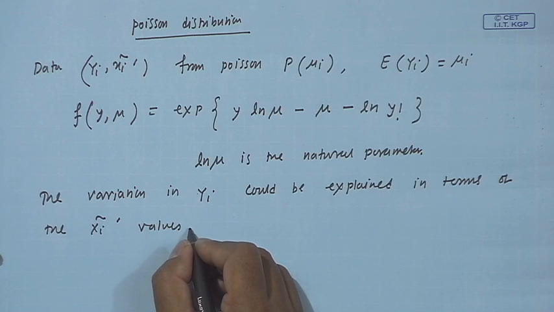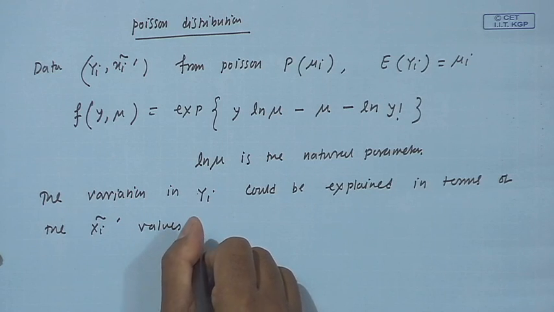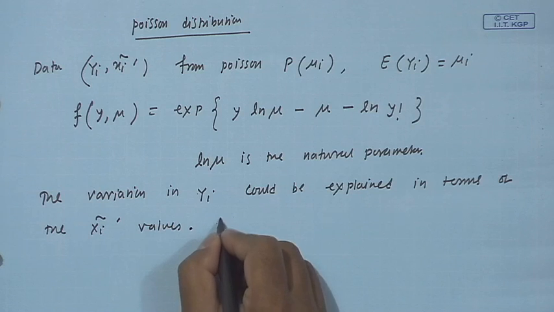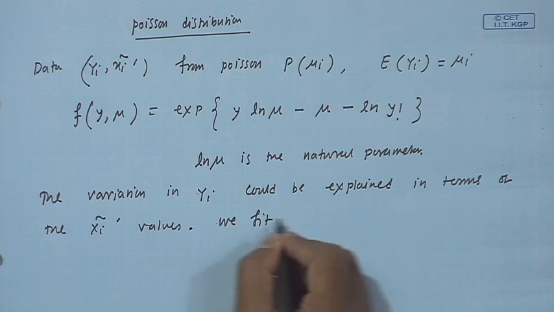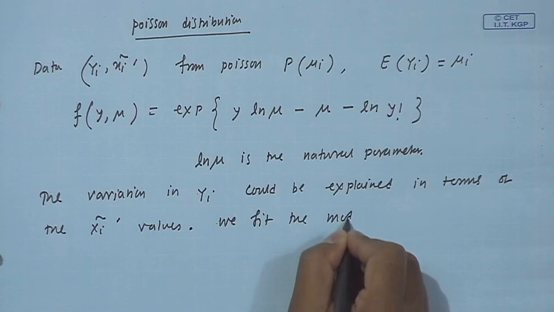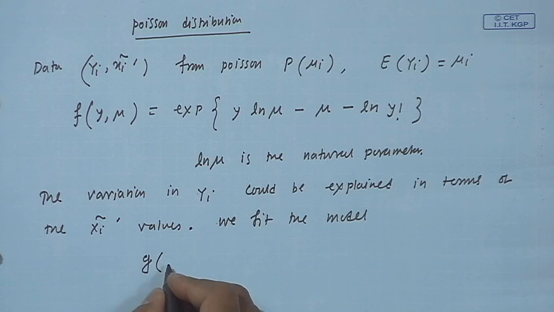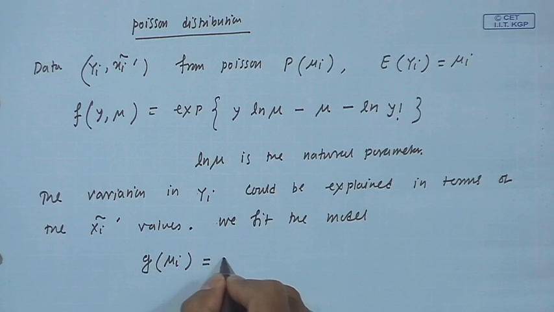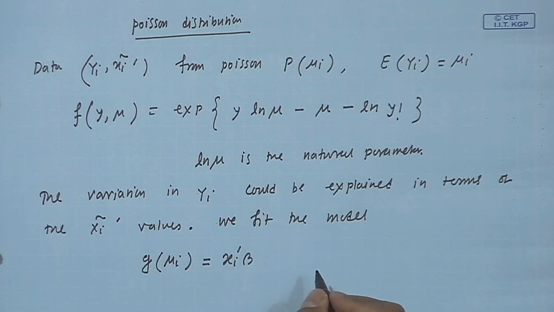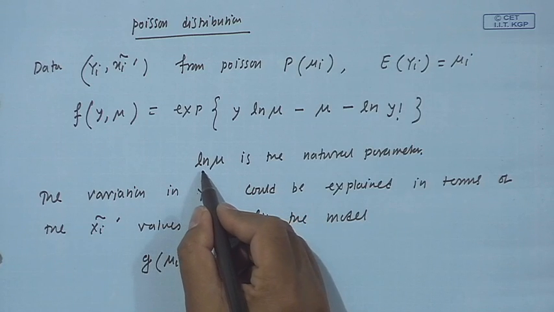Okay. And the model we fit is g(mu_i) equal to x_i prime beta, right. And we know that this link function is equal to ln mu.